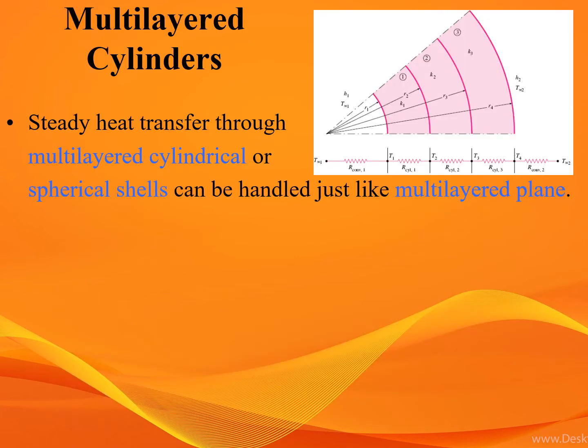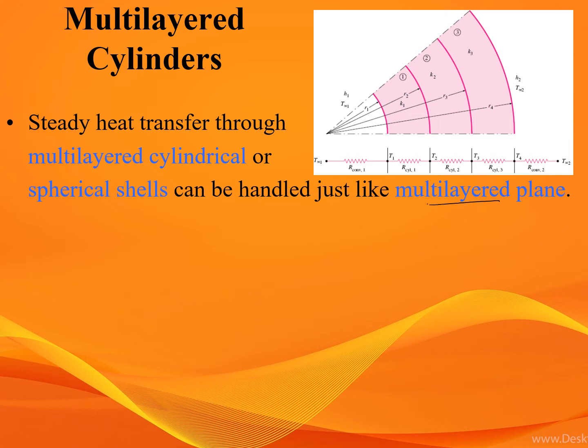Okay, so this is the case whereby cylinders have multiple layers. Steady heat transfer through a multi-layered cylinder or spherical shell can be handled just like a multi-layered plane. Same goes for the multi-layered plane just now, right?